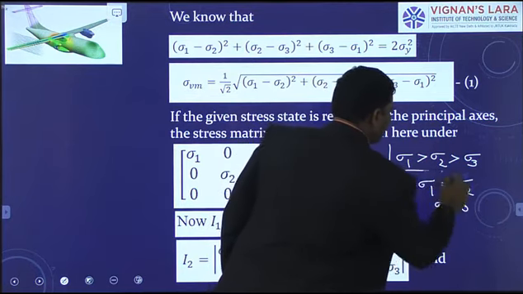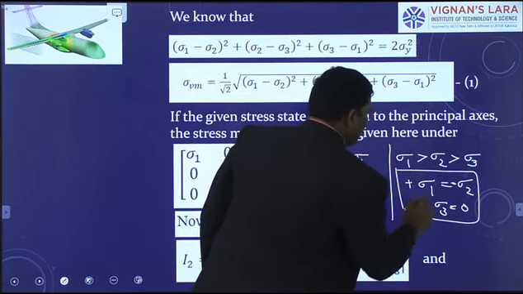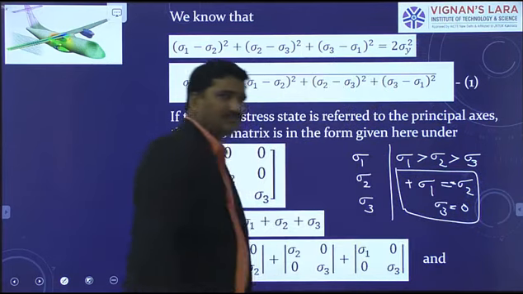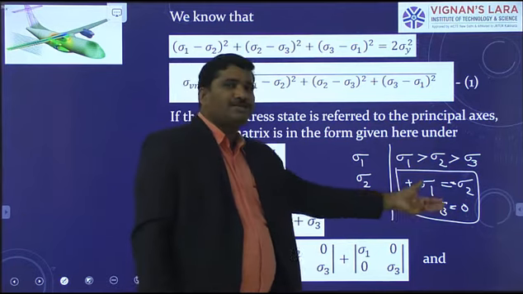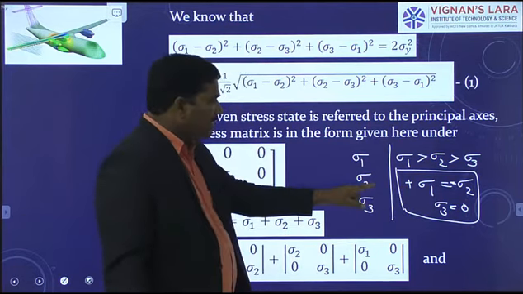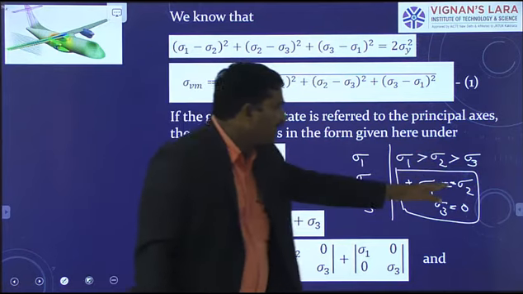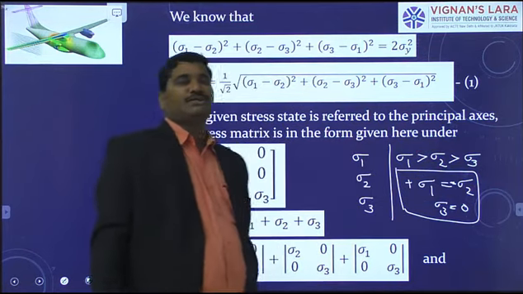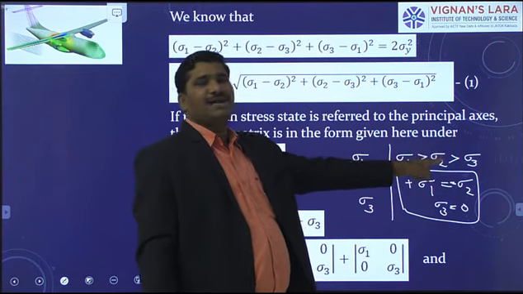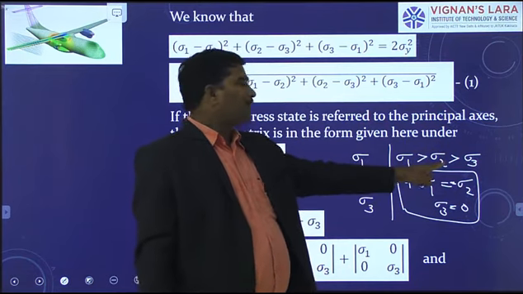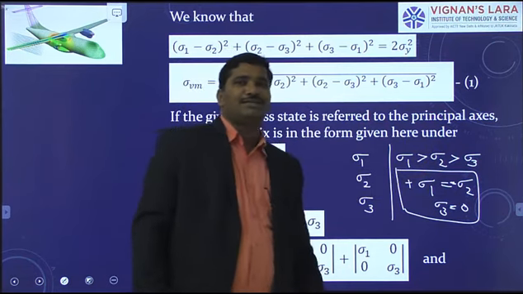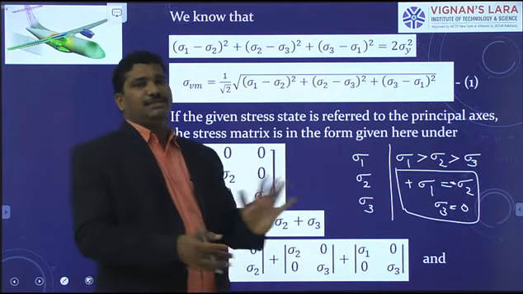In this case, which one is minimum? Sigma 2 is minimum. Now, how do we arrange these three principal stresses? Sigma 1 is greater than sigma 3, which is greater than sigma 2. In this case, sigma 2 is minimum. Therefore, sigma 1 greater than sigma 2 greater than sigma 3 is not the essential condition.